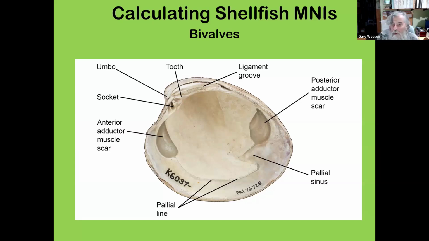And when you hold the valve that way, the anterior side of the shell tells you whether it's a right or a left. If the anterior side is on the right, it's a right. If the anterior side is on the left, it's a left.